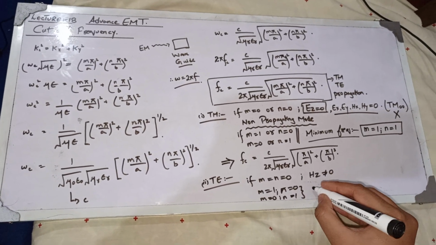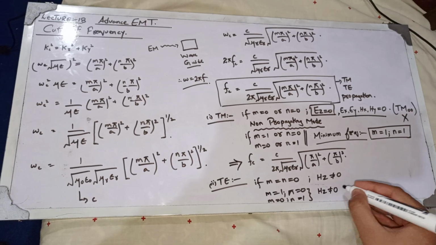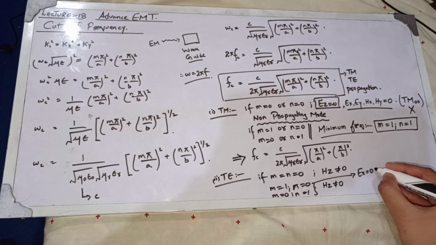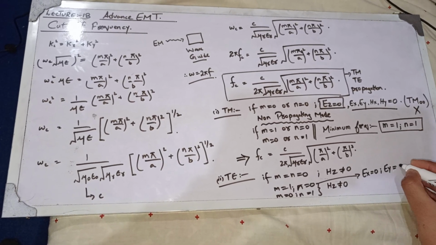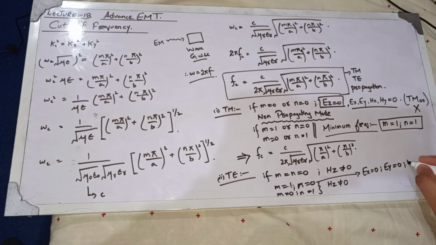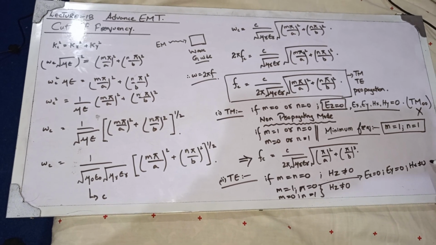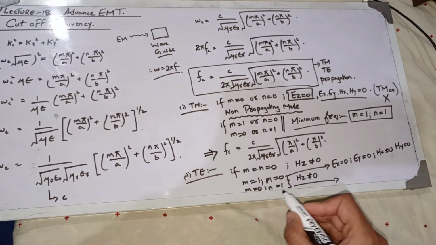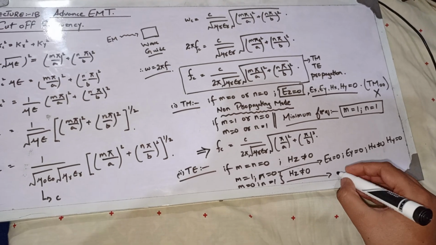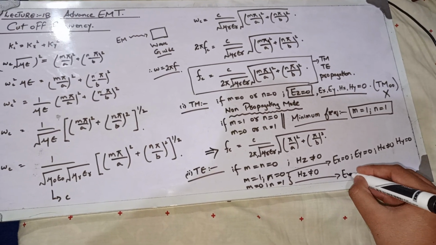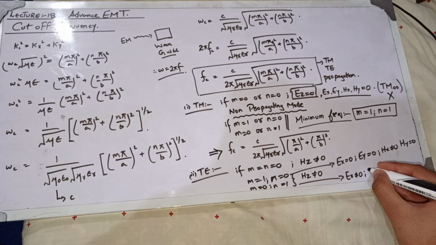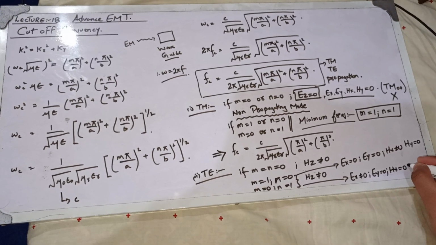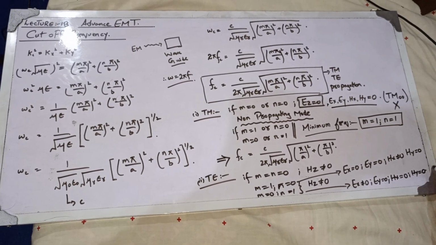In these scenarios your Hz is not equal to 0, but in the first scenario your Ex equals 0 and your Ey is not equal to 0, which means your Hx is not equal to 0 and your Hy equals 0. In the case in which m is 0 and n equals 1, your Ex is not equal to 0 and Ey equals 0, which means Hx equals 0 and Hy is not equal to 0.